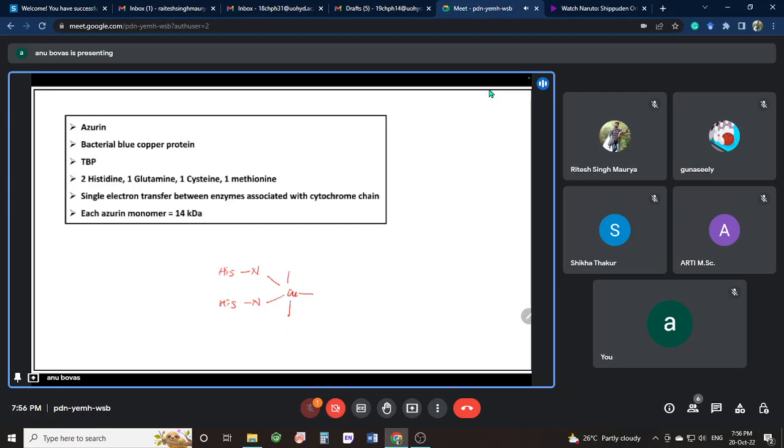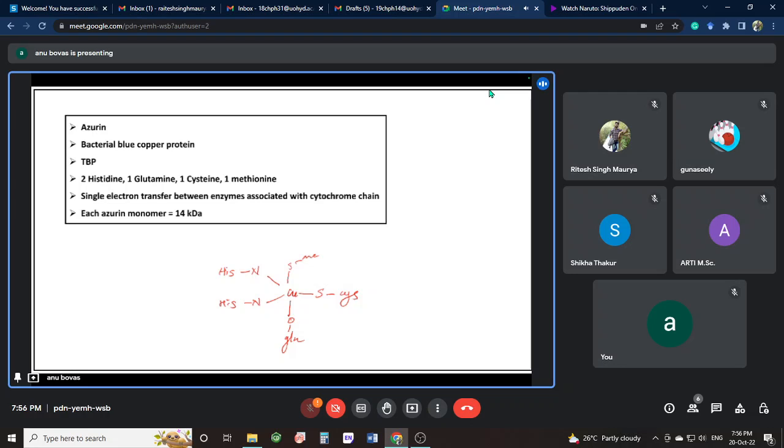It is attached to one glutamine, which attaches through oxygen, and one cysteine, through sulfur, and one methionine, also through sulfur. So these are the amino acids attached to azurin.